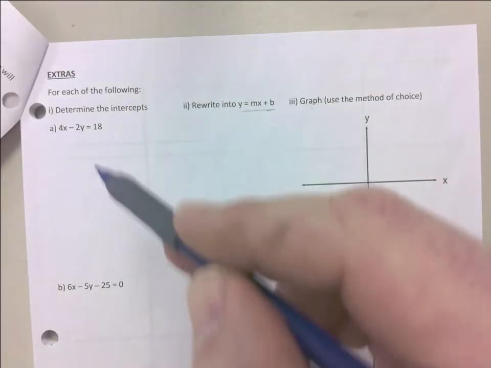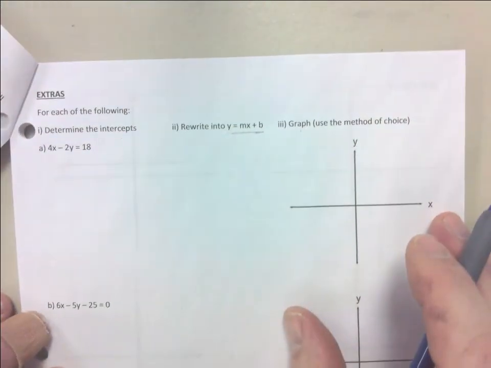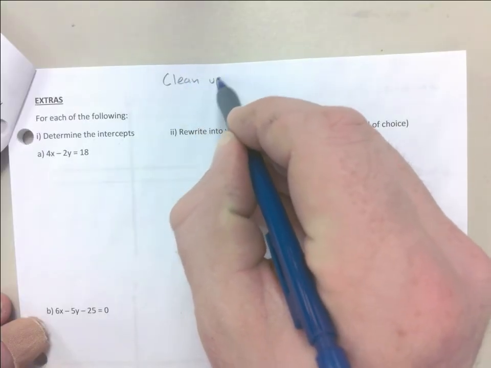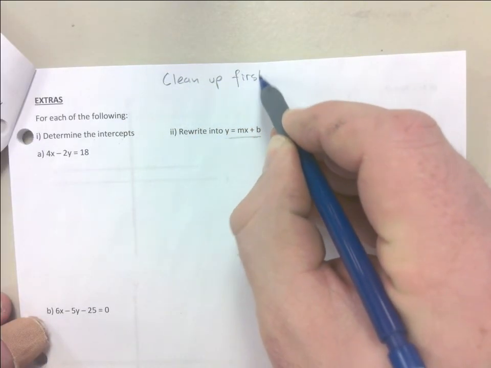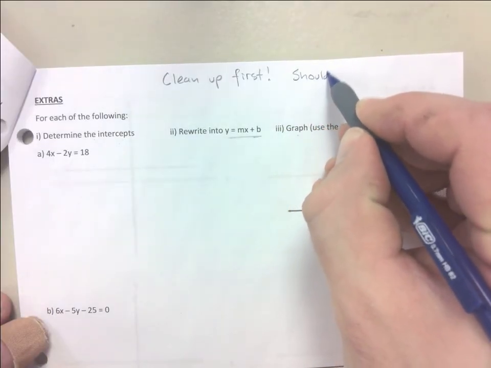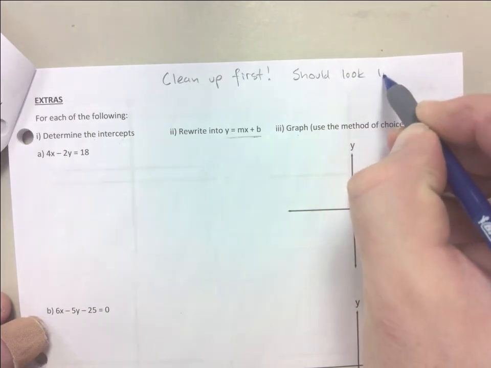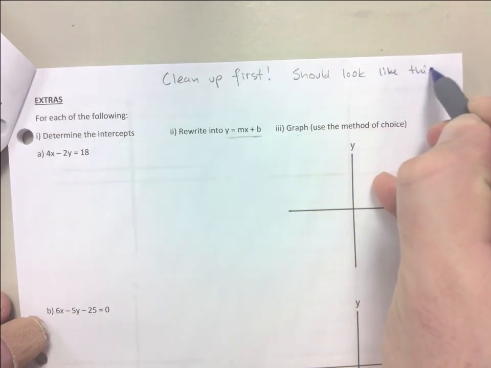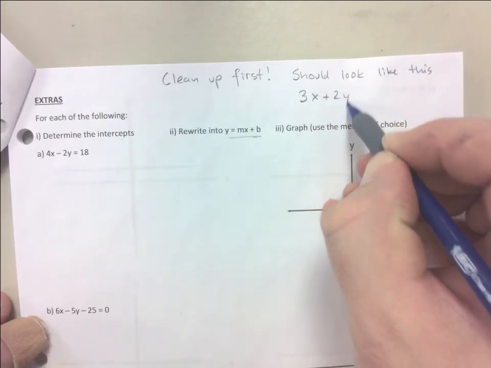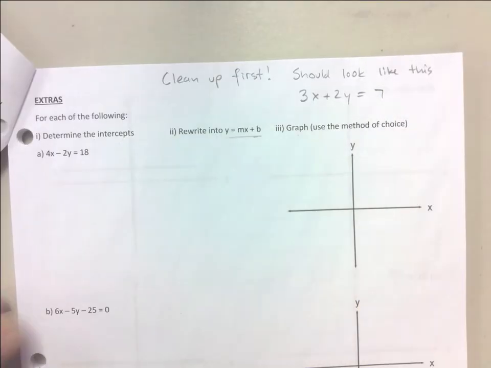Remember to clean it up first, okay? I will make a note at the top of page 6 here. Clean up first, okay? Should look like this before you start. 3x plus 2y is equal to 7, for example.